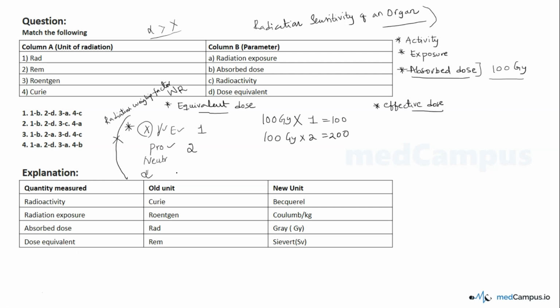I'll come back to the unit. Next is neutron. Neutron has a radiation weighing factor of 10 and alpha has the highest, that is 20. So the value becomes 100 into 10, that is 1000, and also 100 into 20, that is 2000. Here, with the help of type of radiation and its weighing factor, I am looking at an equivalent dose. That is, it is a measure of the biological damage that can be caused to a body or an organ.